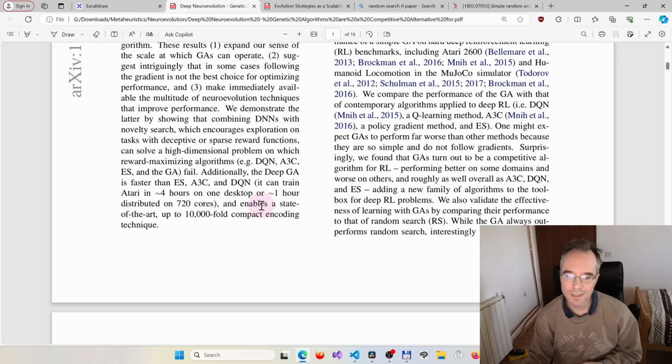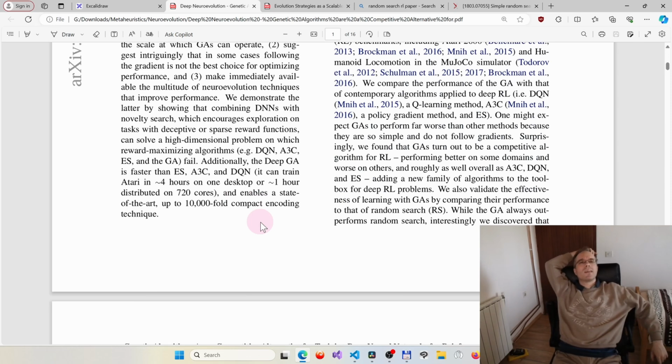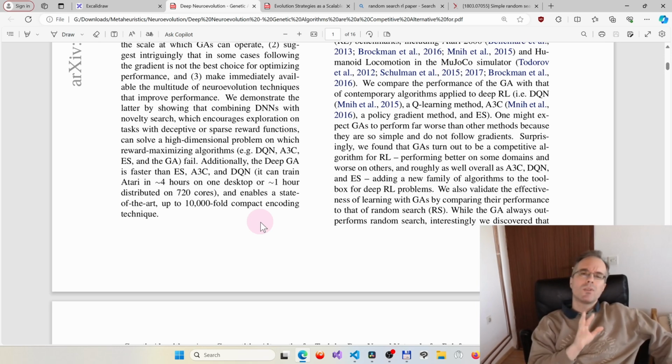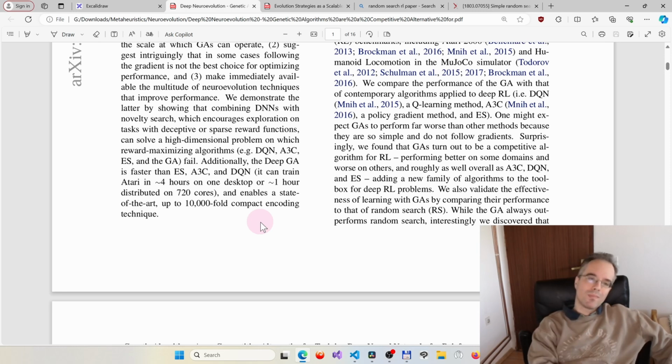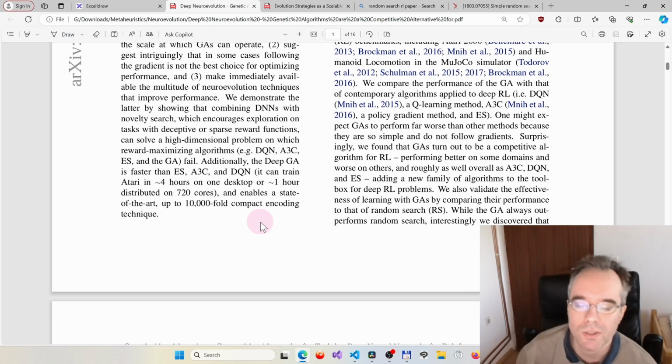Oh yeah, this technique, I think they were using something like, instead of storing an entire network, they store a random seed used to generate a particular network, which is actually fairly interesting. It's a very nice compression method.